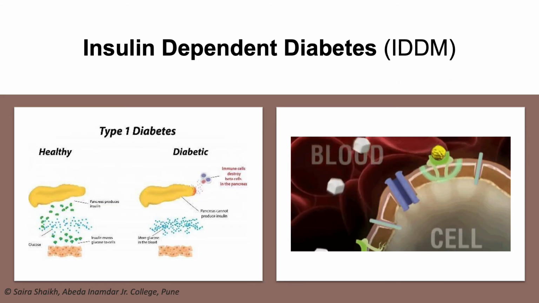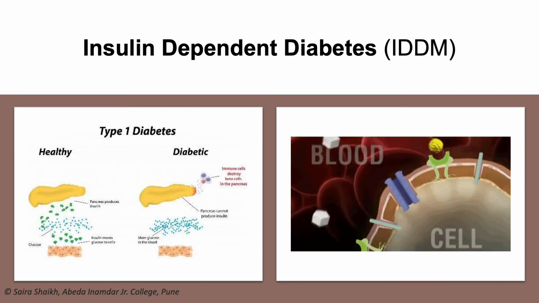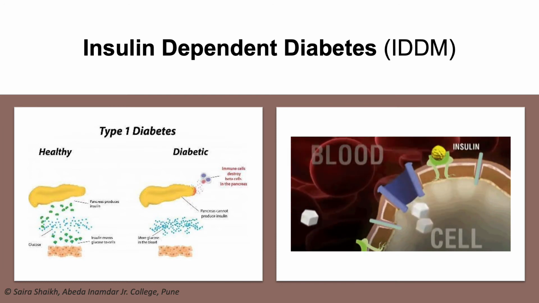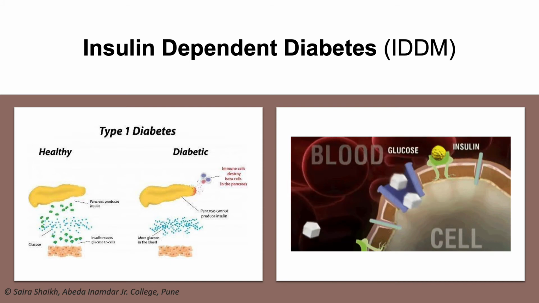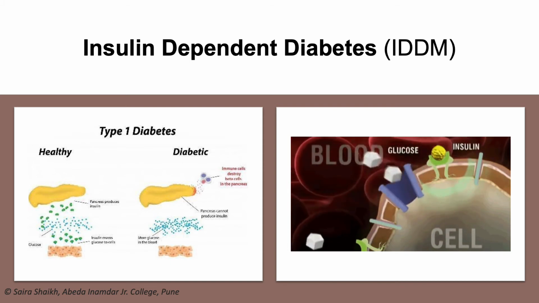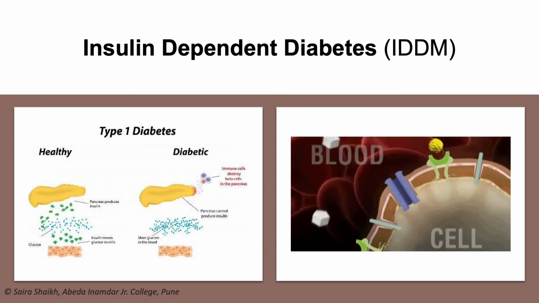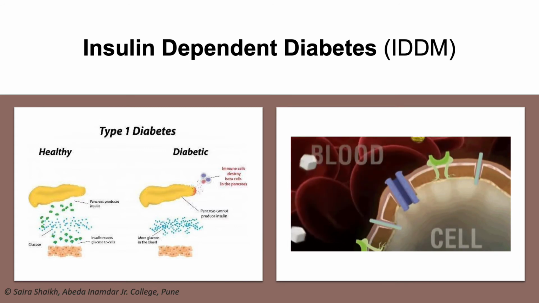There are two main types of diabetes, type 1 and type 2. Type 1 diabetes occurs because the insulin producing cells of the pancreas, that is the beta cells, get damaged, and that's why the insulin formation is little or absent. As the insulin is absent in the blood, the sugar is not absorbed in the body cells, and the sugar remains in the blood, and the energy formation in the body also decreases.